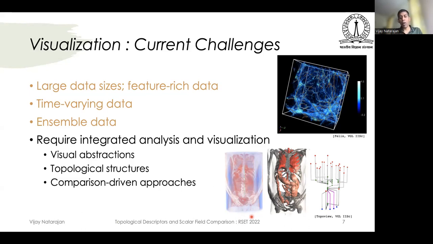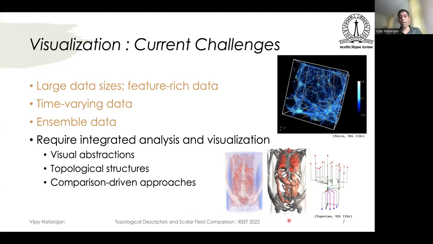A surgeon or an anatomist who is trying to understand this data will have specific regions that they want to focus on, or specific features that they want to focus on. They may not care about the entire data set. So the classic technique does not help us pay attention to these features of interest.